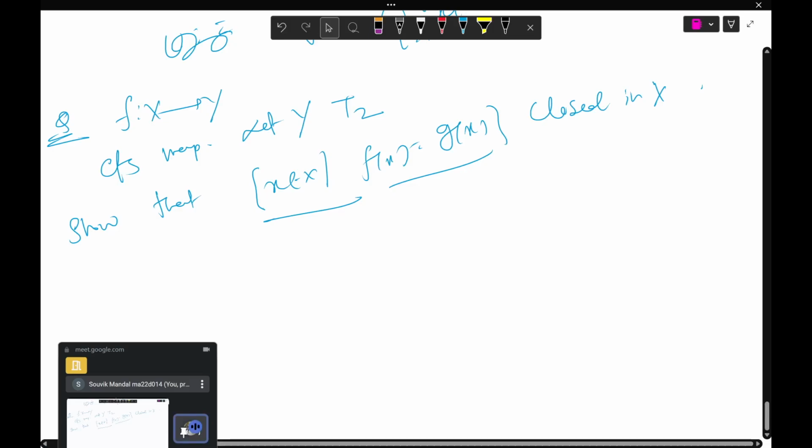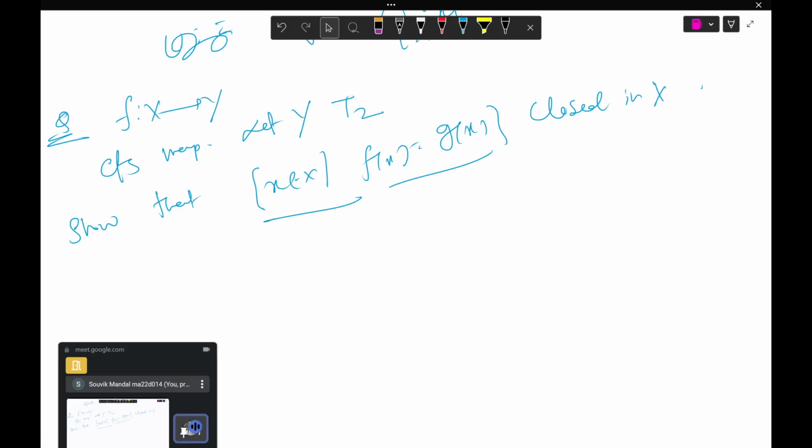Sir, we have to prove that it is closed in X. So if we prove its complement is open in X, and the complement is the set of those points where both are not equal. Right.